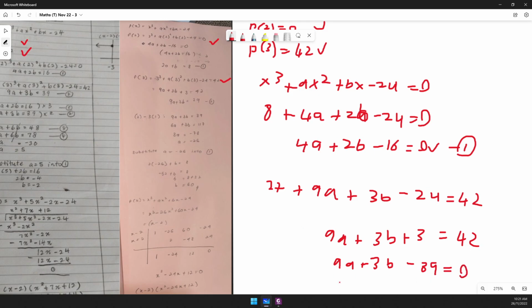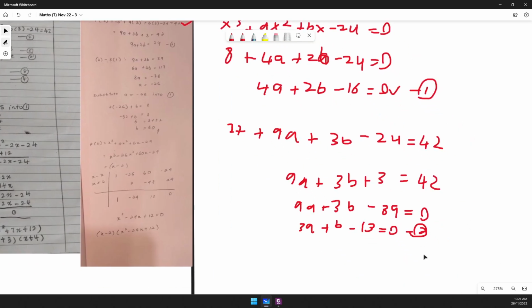All can divide by 3. So you get 3a plus b minus 13 equals 0. This is your second equation. You can do two things: you can times this by 2, or you can just substitute b. But I think better to times, much faster. If you times this by 2, you get 6a plus 2b minus 26 equals 0.